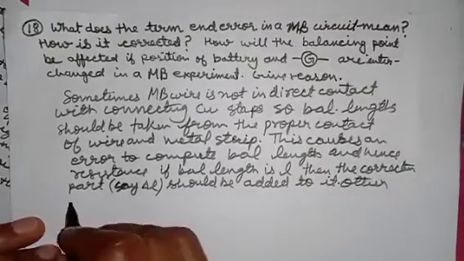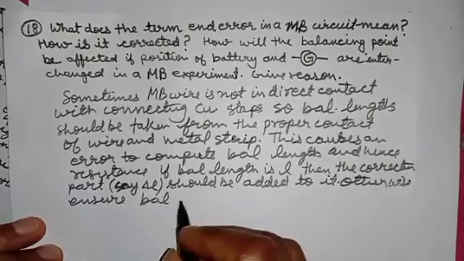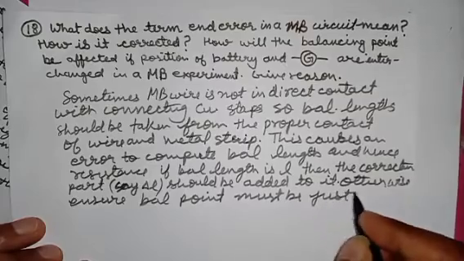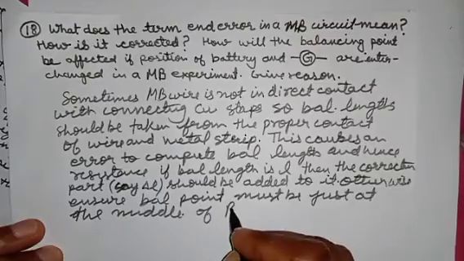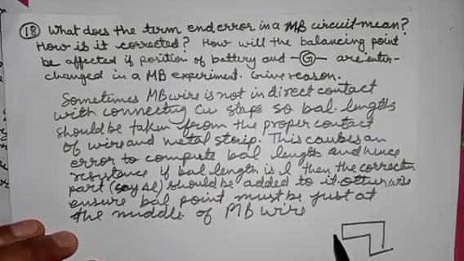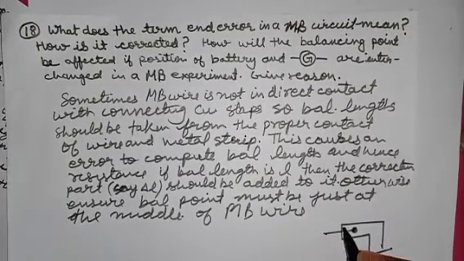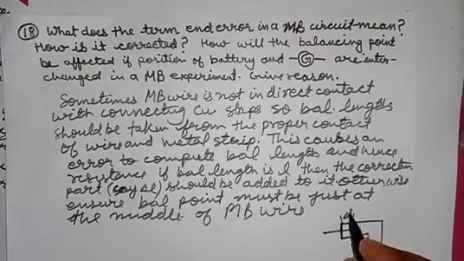Otherwise, ensure the balance point must be just at the middle of the meter bridge wire. So what happens actually, if this is that metal contact and the wire is connected here with the screw, they attach it to this screw. So it is not definitely in contact with this metal strip at this point. So this is that error term, delta L.